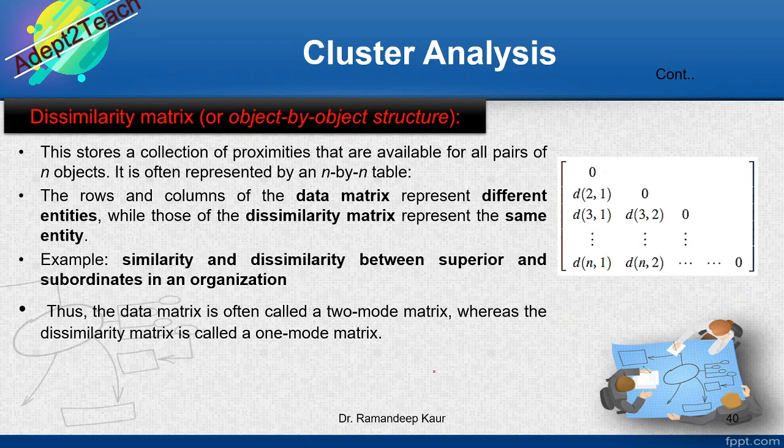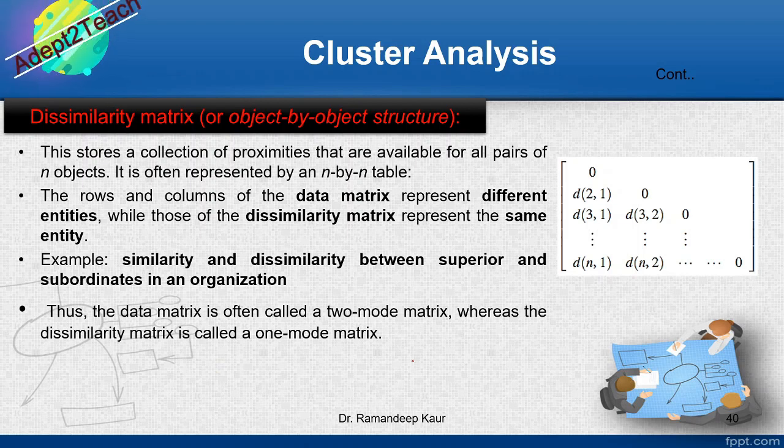The second matrix is the object by object structure, or I can call it a dissimilarity matrix. That means I am comparing one object with another object. For example, I am comparing a person with a person, so internal attributes I am considering.